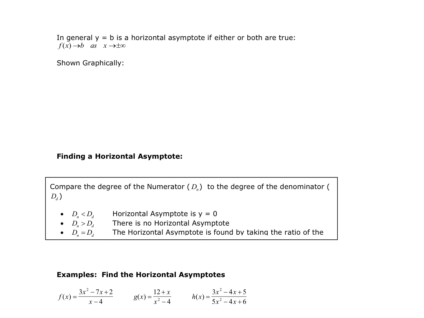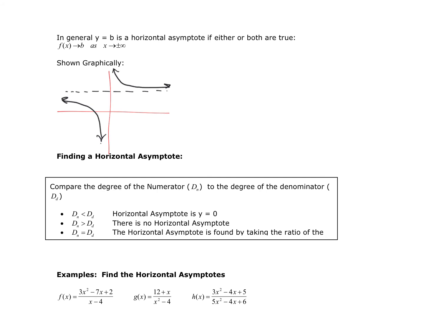We already showed that in that previous graph, but let me draw another. So we're saying we have some horizontal asymptote, and we know that our graph is going to approach that either from the right or from the bottom or from the top.